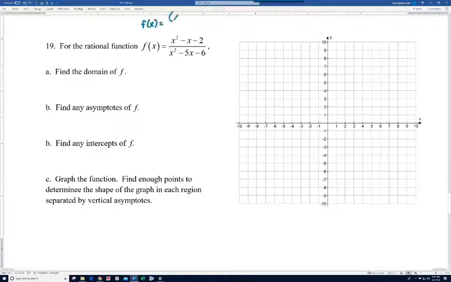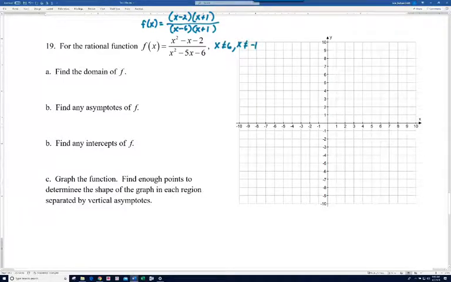You can write this as f of x is equal to x minus 2 times x plus 1 over x minus 6 times x plus 1. So now I can see what my restricted values are. That would be 6 and negative 1.